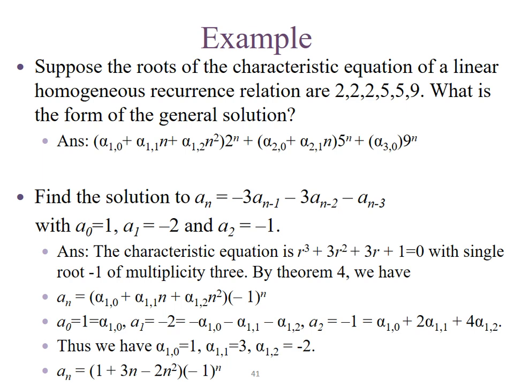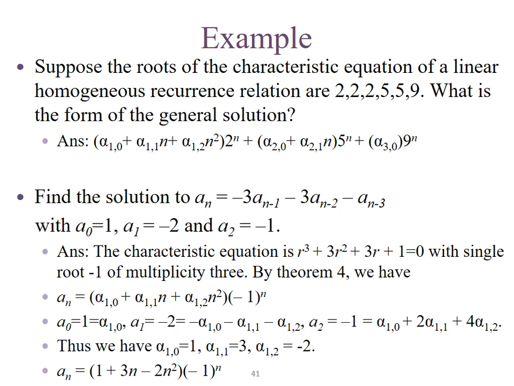Okay, so let's see the example here. If we have the roots 2, 2, 2, 5, 5, 9, so we know it repeats 3 times, 2 times, and 1 time. So the general solution will be, if we consider the first root 2, we have 3 terms.